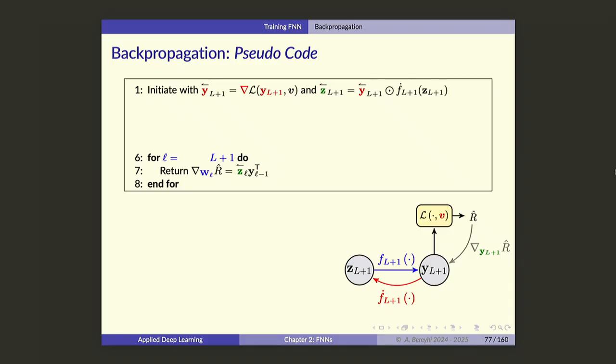For every single layer, the gradient of that layer's weight is going to be the outer product of the gradient with respect to z times y, right? You get the gradient with respect to the soft information, and you multiply it with the information coming from the previous layer. So it is a product between them. This is the outer product. As I said, you don't care about how exactly you implement that specifically.